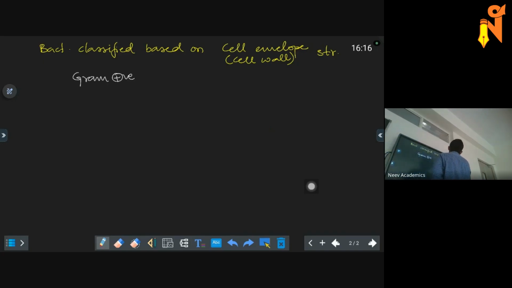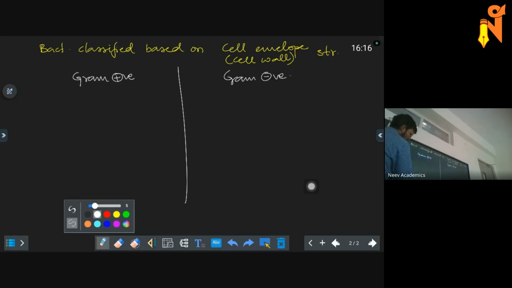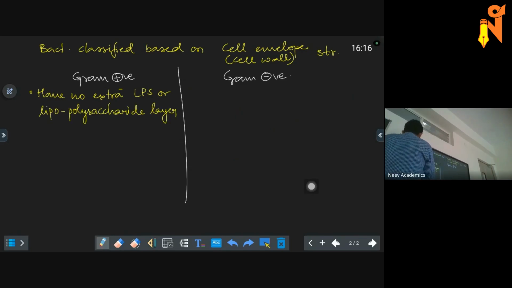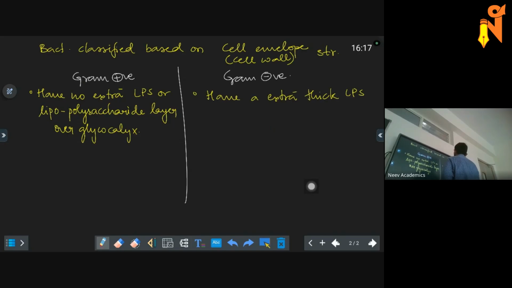Another group is gram-negative. Gram-positive have no extra LPS or lipopolysaccharide layer over the glycocalyx. Gram-negative, on the other hand, have an extra thick LPS layer over the envelope.